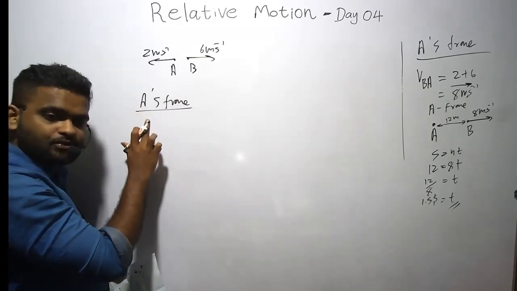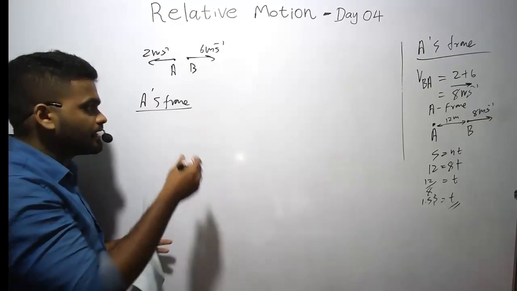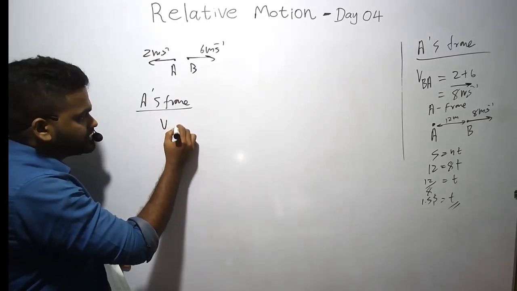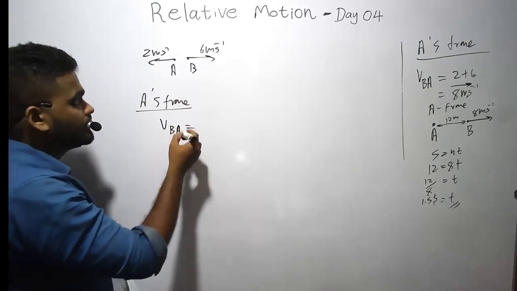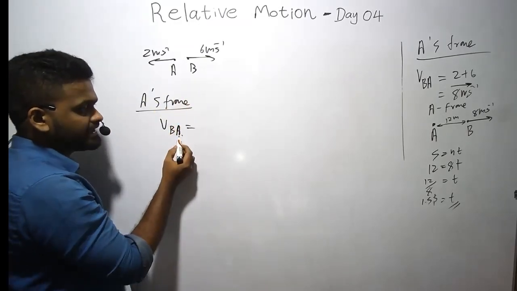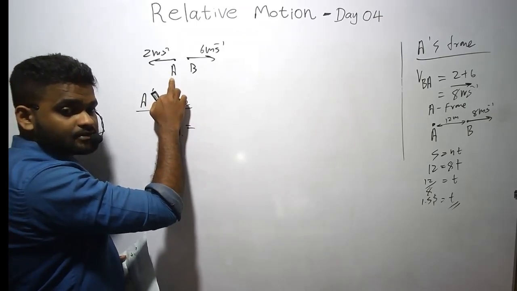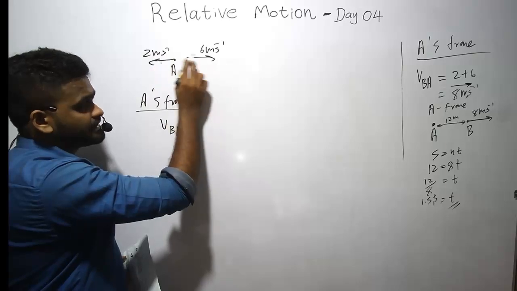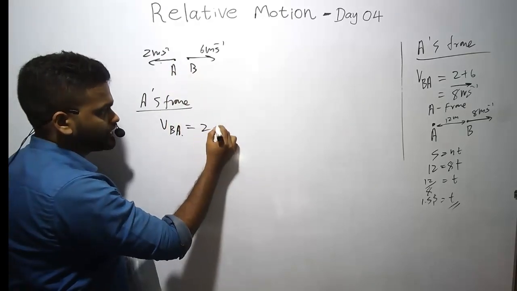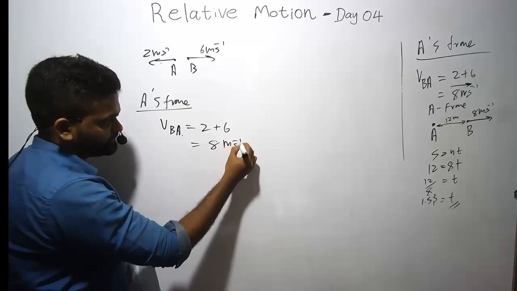So in A's frame, everything must be relative to A. So let's say relative to A, velocity of B. Relative to A means if A is stopped, since these are moving in opposite directions, you just have to add these velocities. 8 meters per second.